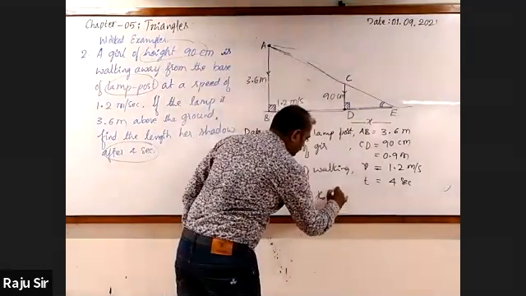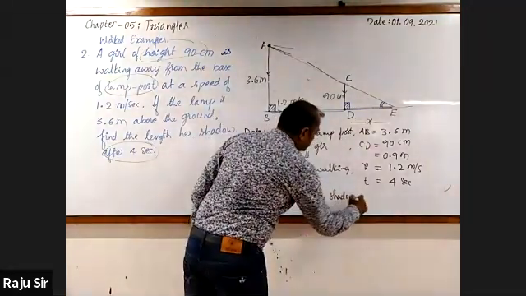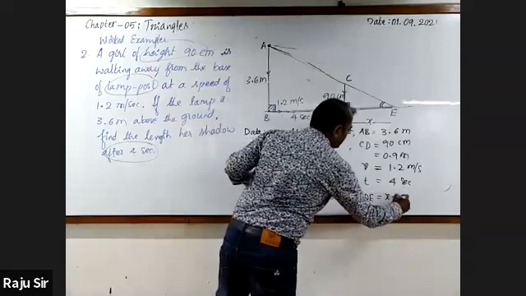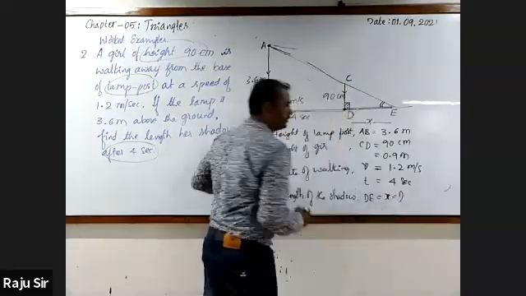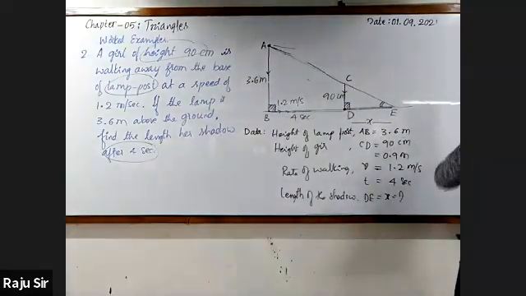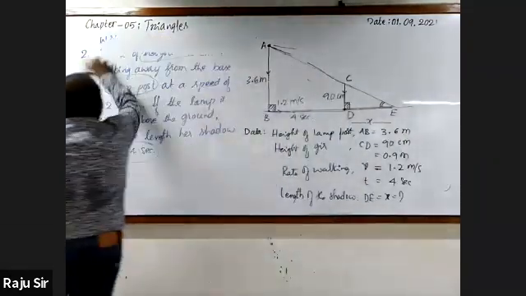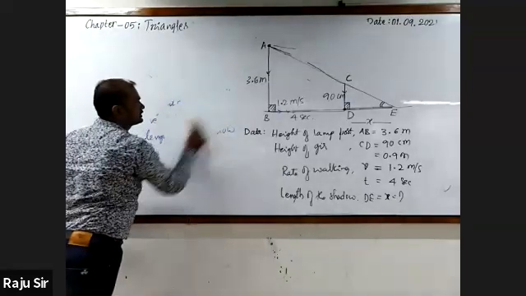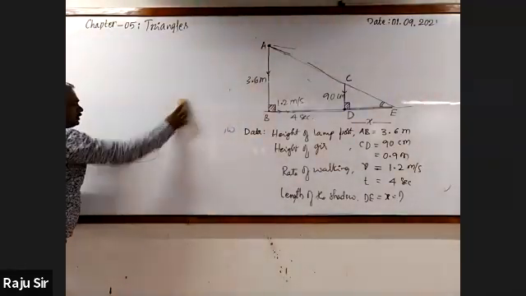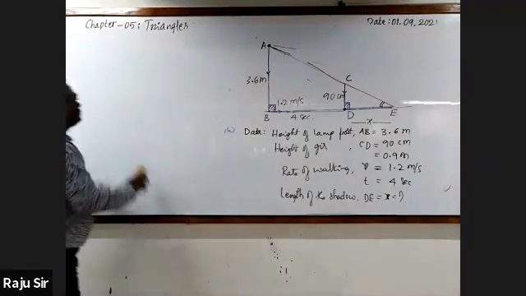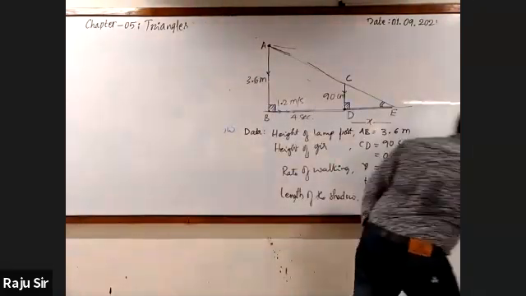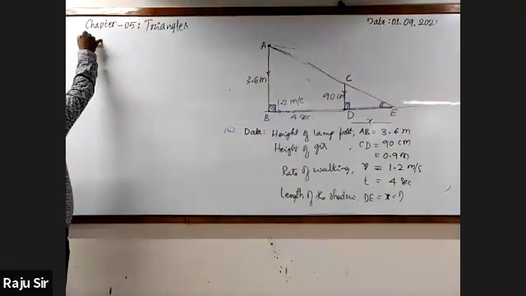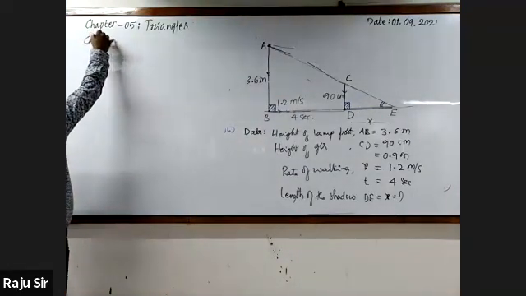Length of the shadow, call it as x meter, which is the question mark. In descriptive forms, you need to prove both the triangles are similar. Then only you can go for using that statement.